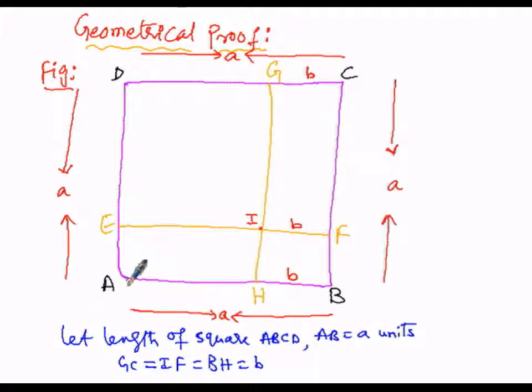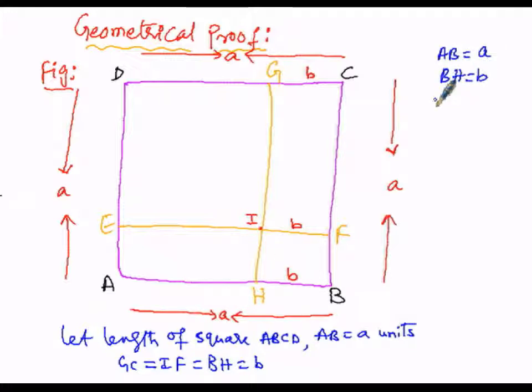So I have to find out the length of AH. In order to find out the length of AH, from the total length AB, I have to subtract the length of BH. So here AB is A units and BH is B units.